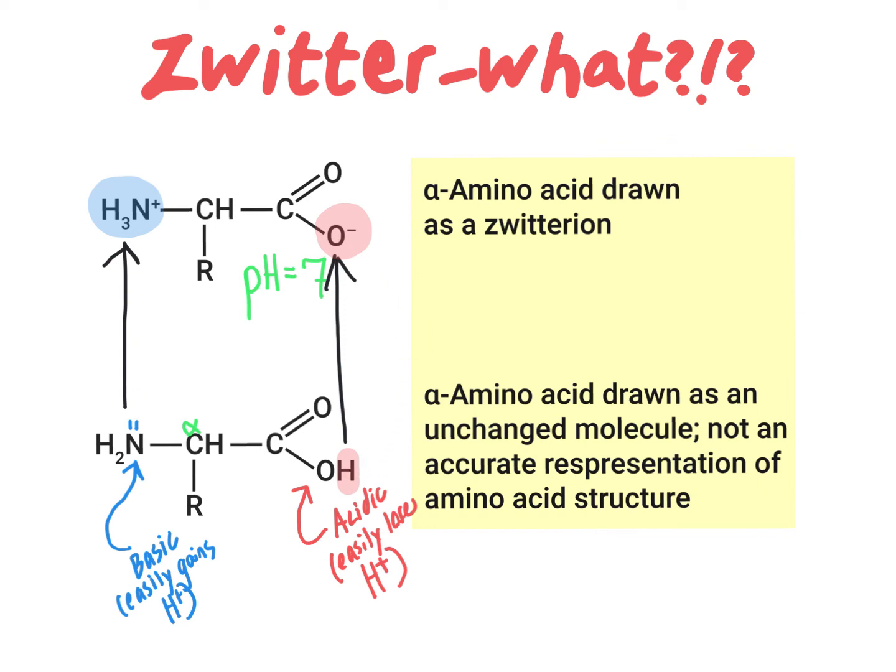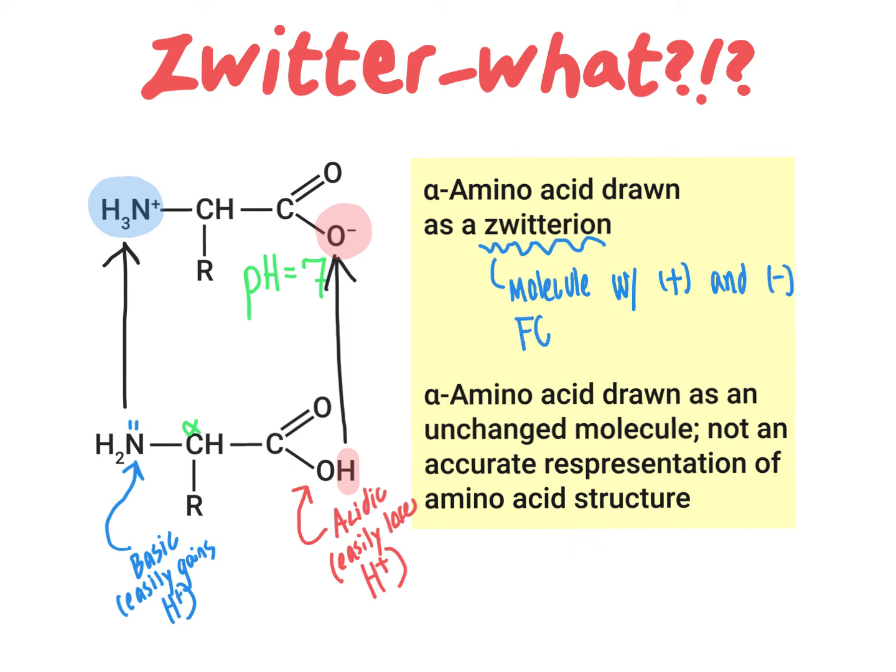We have a special name that we refer to a structure like this where we have one end with a positive charge and the other with a negative charge, and that term that you should be familiar with is the term zwitterion. Zwitterion refers to a molecule that has both positive and negative formal charges present within the same structure.